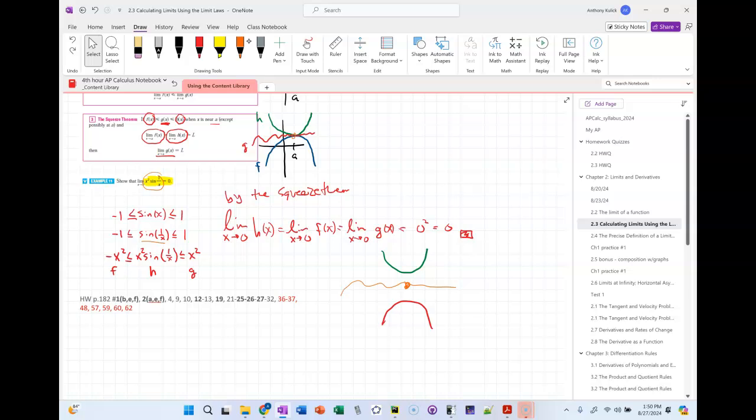And I'll try to make a point as we run into these things, like this is one that you need to know the name of and the conditions and the result so that you can use it in the future. The squeeze theorem is the first one that we've seen where you must know this by name and be able to use it. Okay. Questions on these last couple of ideas here?